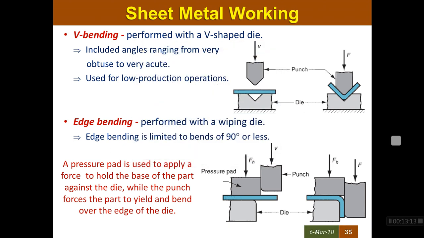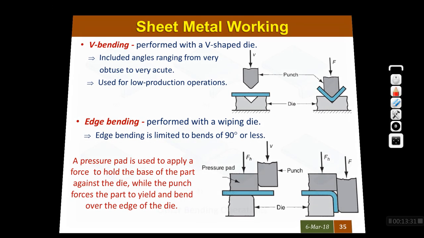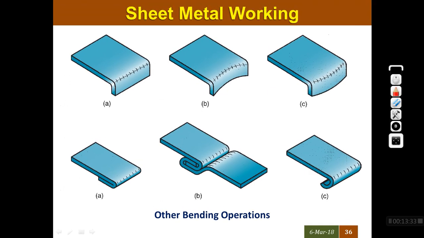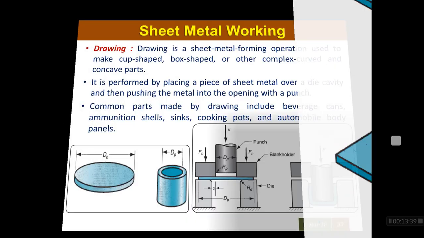Remember, for edge bending we need a pressure pad as a supporting member, so that along any one edge of the die we can bend the sheet metals. The next operations I explained are all edge bending operations.